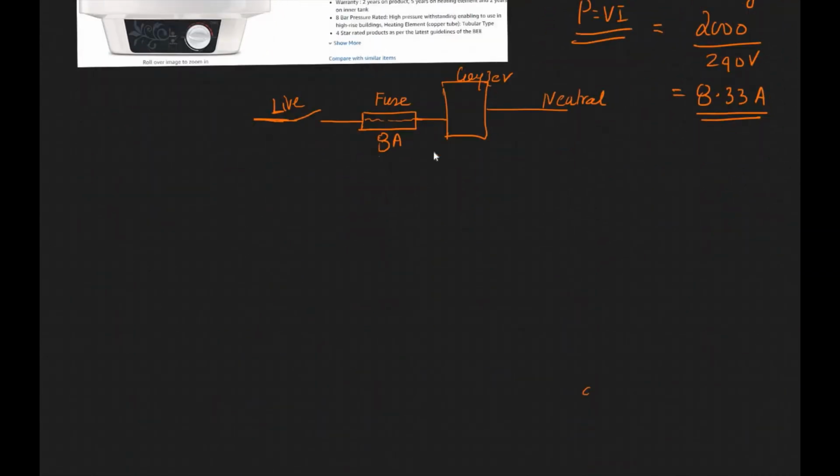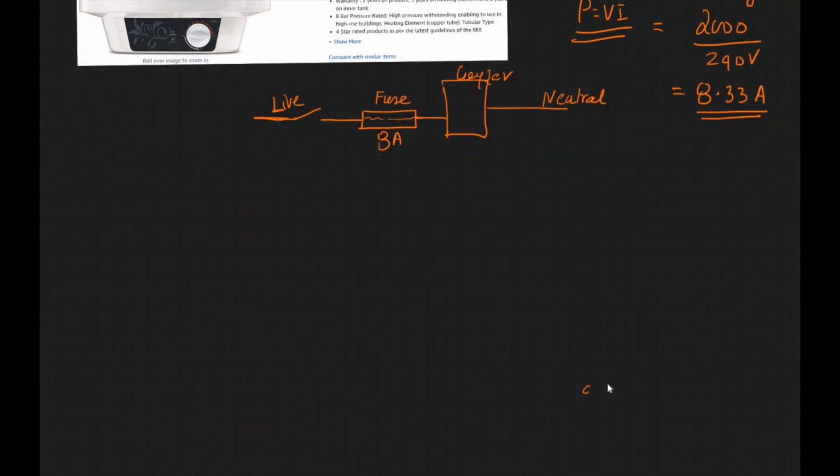Now let's do an interesting problem to understand the idea of operating voltage. So let's assume that you purchase a bulb. So this is a problem from the consumer point of view.